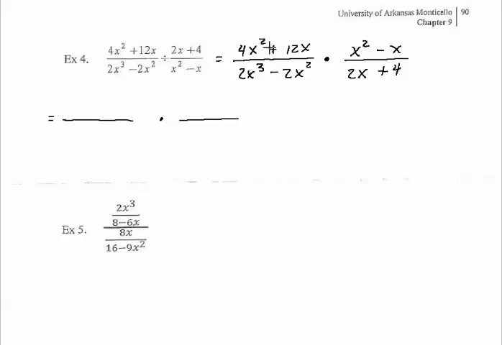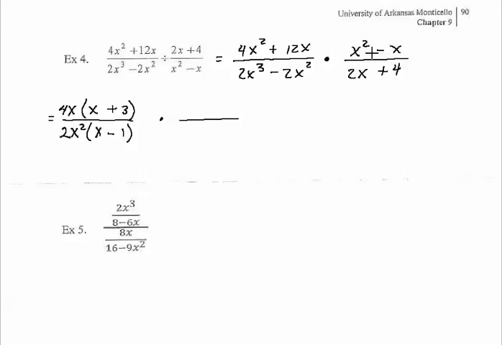This numerator, 4x squared plus 12x, we can use the greatest common factor of 4x, and that leaves us with a remainder of x plus 3. Now for the denominator, 2 is common to both, and we can take out an x squared, and that's going to leave us from the 2x to the third with an x, and then a negative 2x squared divided by 2x squared would just simply be a minus 1.